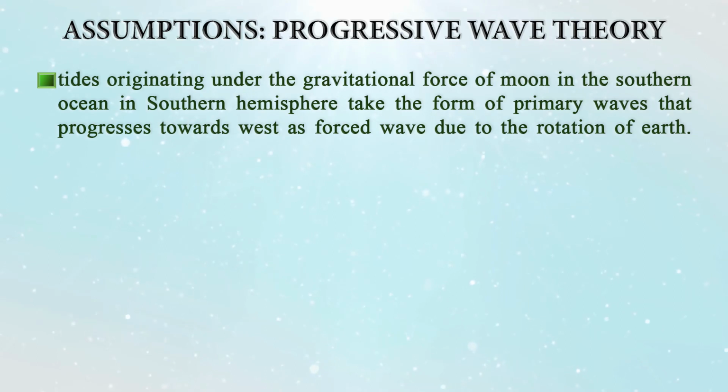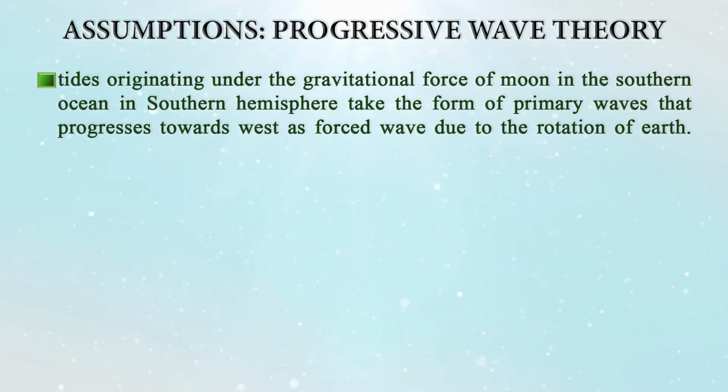You understand this? In the progressive wave theory, tides originate under the gravitational force of the moon in the southern ocean. It explains that tides are originating along the southern ocean, that is the ocean area adjoining the continent of Antarctica, where there is continuity of oceans and it is a homogeneous area.